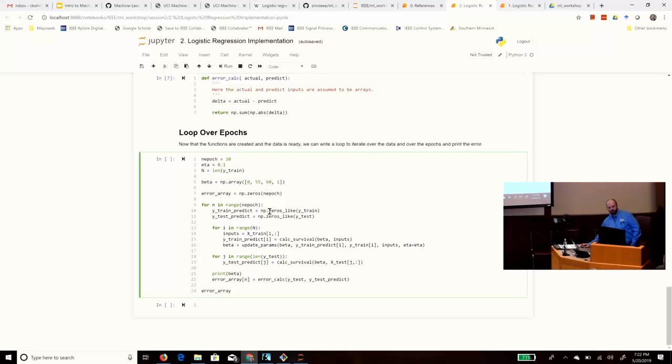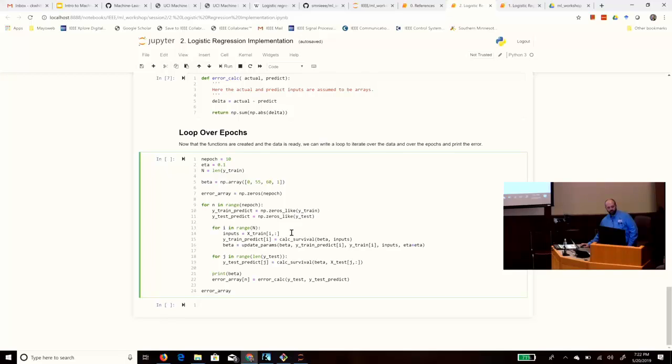This uses a function called zeros like. What that does is you pass it in an array, and it creates an array of zeros the same shape and dimensions. So it can be a column array or a row array. It'll make it look the exact same as the array you pass it, but it'll populate with all zeros. So it's a good way of initializing an array that copies another array.